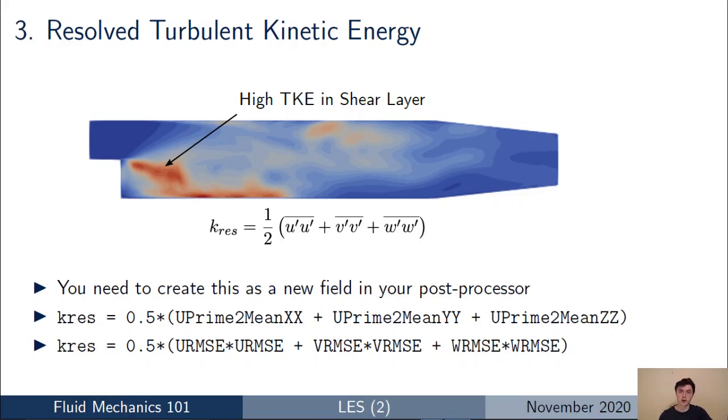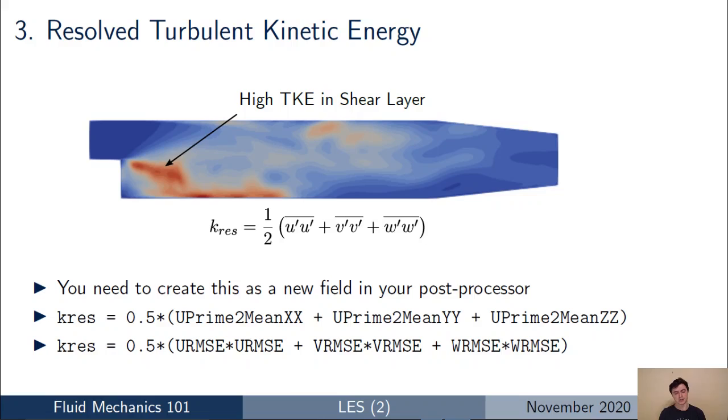If you're an OpenFOAM user and you're using ParaView, you'll need to open up the calculator tool, and the equation given on the slide will show you how to calculate that resolved turbulent kinetic energy. Whereas if you're an ANSYS user and you're using CFD post, CFX post, or another post processor, be careful that you need to square those RMSE velocity terms so that you can get the right turbulent kinetic energy.